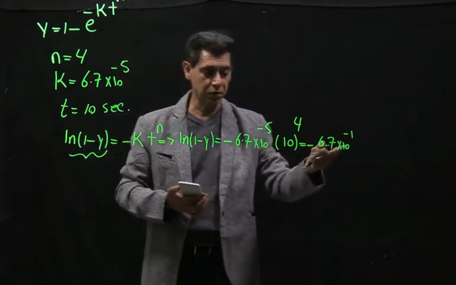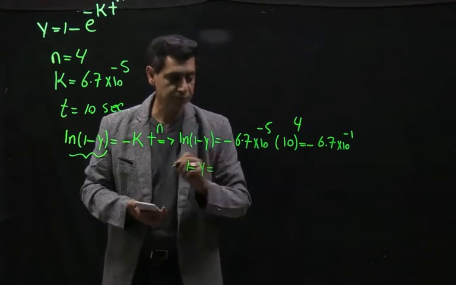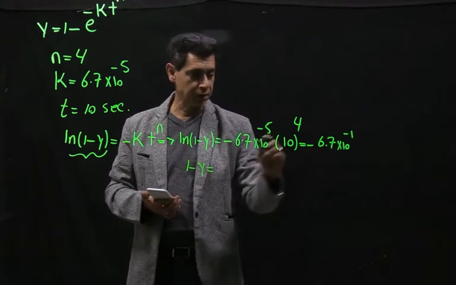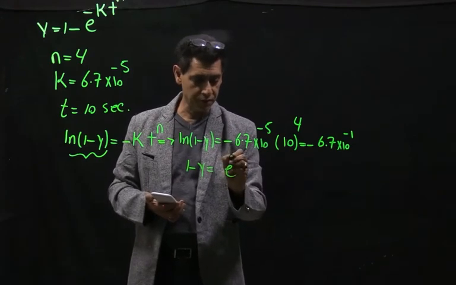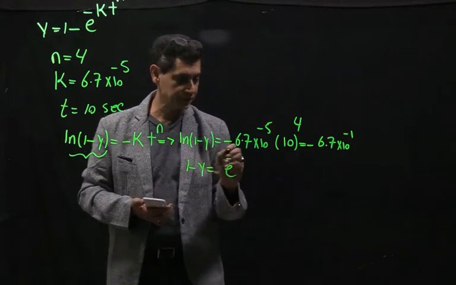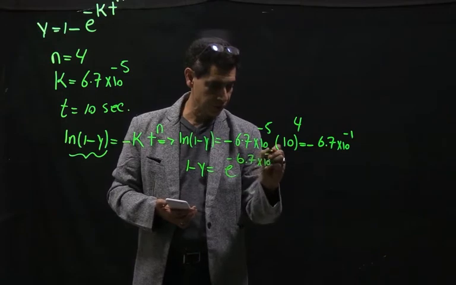Obviously I can take e of both sides. So 1 minus y is equal to e to the power of minus 6.7 10 to the minus 1.